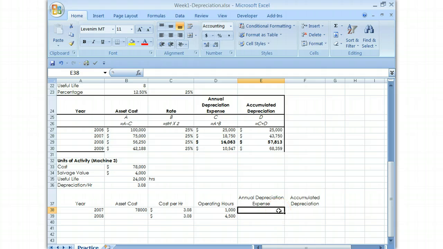So our depreciation expense is going to be our $3.08 times our 1,000 hours, and our accumulated depreciation is going to be the same, 3,080.